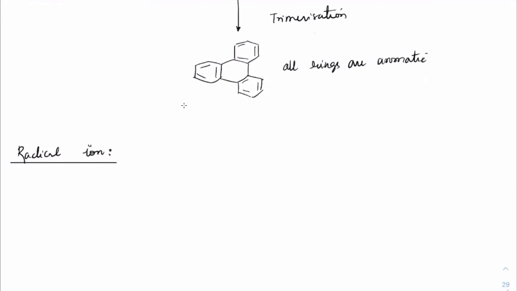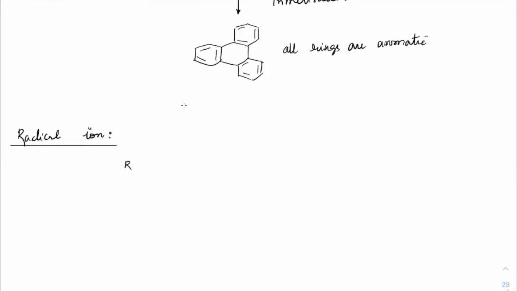Only in one reaction you will get this, where you will have a radical form on carbon, and maybe oxygen or any group that is connected will have a negative charge on it. So these kinds of species are called radical ions.